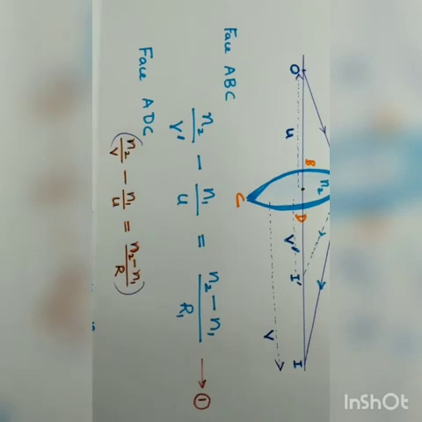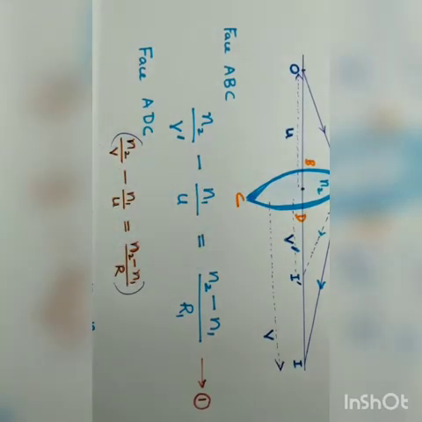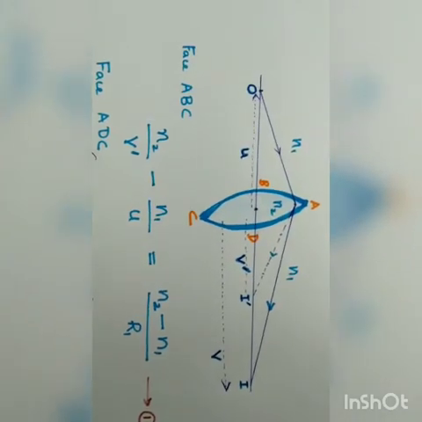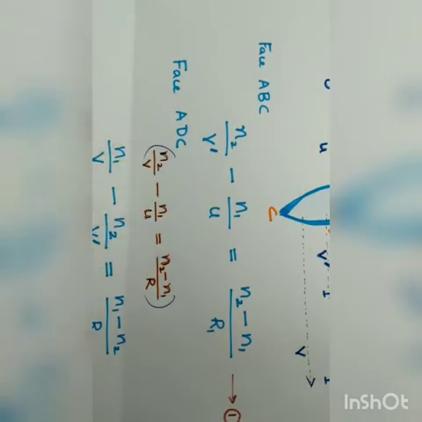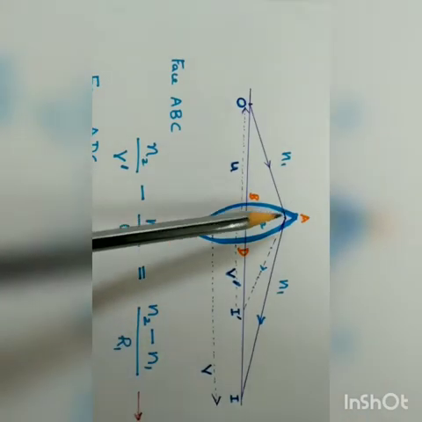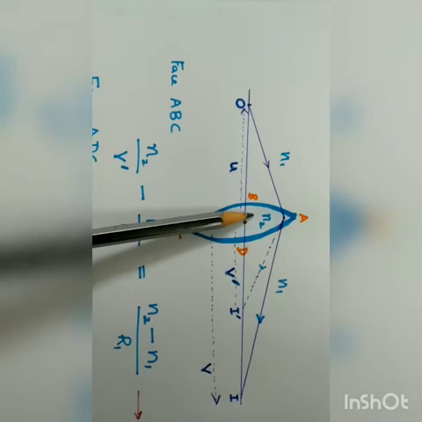Now let us apply the same formula for the phase ADC. For the second phase ADC, let us apply the same formula: N2 by V minus N1 by U equals N2 minus N1 by R. What is N2 and N1 here? For the second phase, N2 and N1 get replaced.